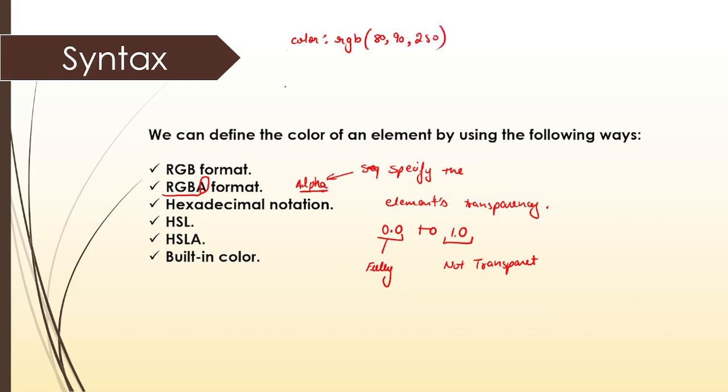Okay, but in the case of RGBA, we have four properties. We have to give four properties: R, G, B, and A, and the value of A ranges from 0.0 to 1.0. So the first value is for R, the second value is for G, the third value is for B, and the fourth value is for alpha, that is A, ranging from 0.0 to 1.0. So I'm writing here 0.5.